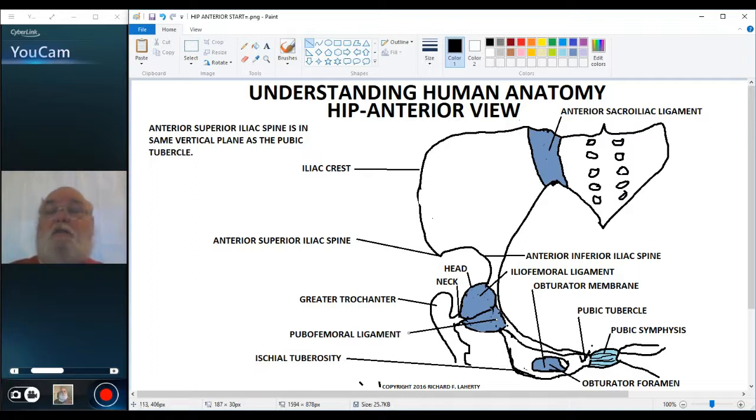There is one other ligament that we never see in typical drawings, and that is the round ligament, or the ligament of the head of the femur.